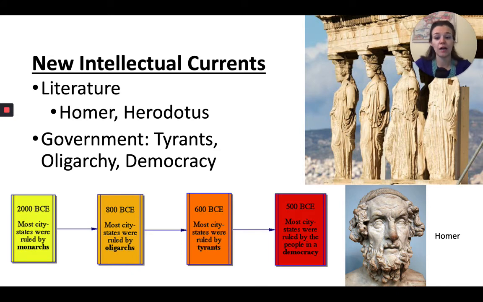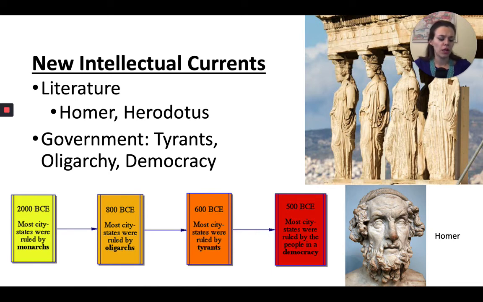You're going to have dramas written, plays, think like Eurydice, Oedipus. You're going to have Herodotus, who's going to be our first historian. He's going to write an account of the Peloponnesian War, the wars between Athens and Sparta. It's also a great example of how biased history can be.